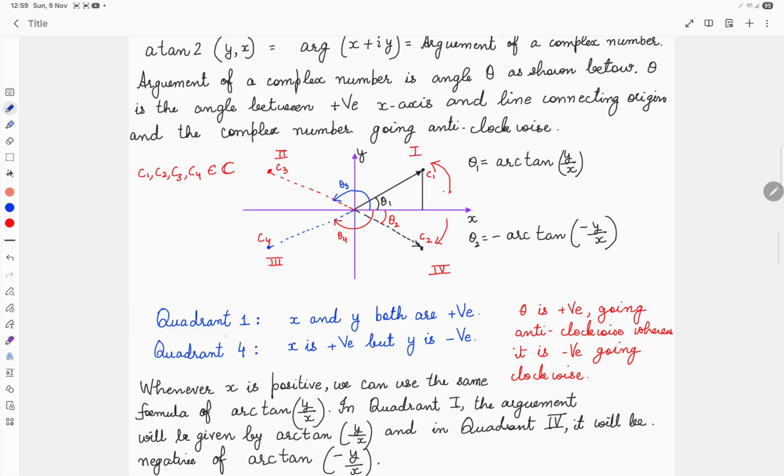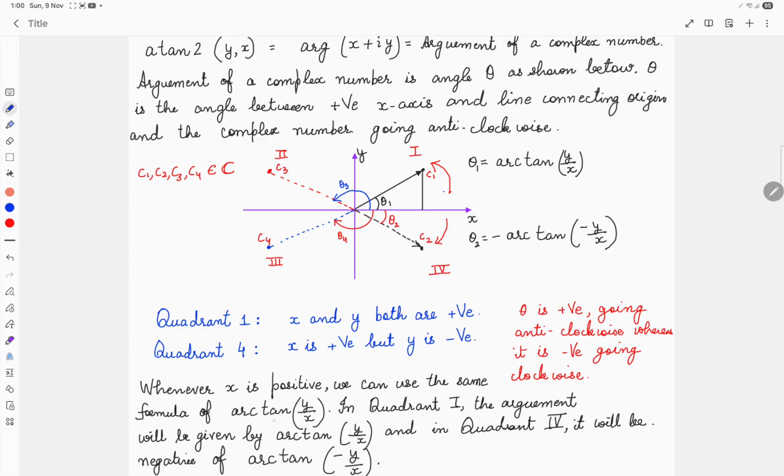Now in the first quadrant, x and y both are positive. Theta is positive going anti-clockwise, whereas if we go clockwise, we get x positive but y negative. In this case also we will get theta 2 using the same arctan function, because y is negative and x is positive. So whenever x is positive, we can use the same formula of arctan.